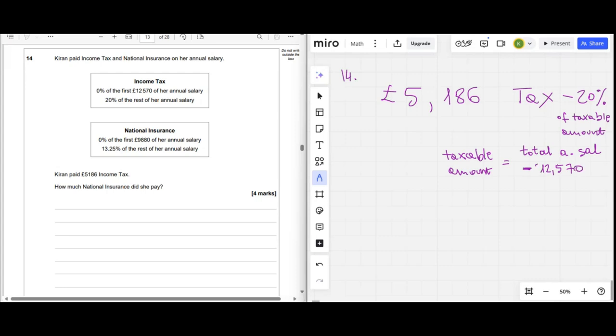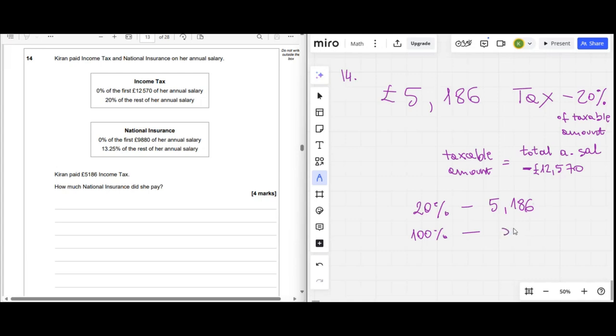It's called personal allowance, as far as I know. And that difference is then the taxable amount, which is then multiplied by 20%. Okay, so we have 20%. What we don't have is 100%. 100% will be that taxable amount, out of which we got that tax amount.